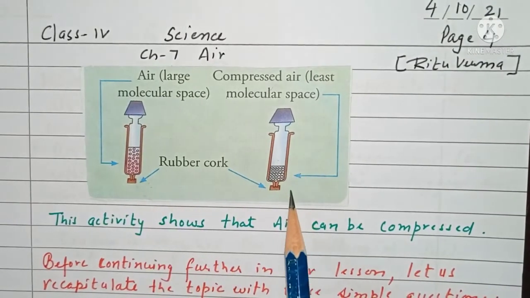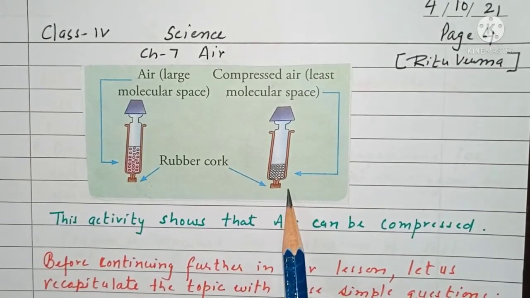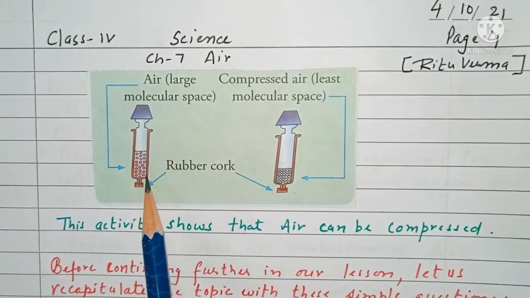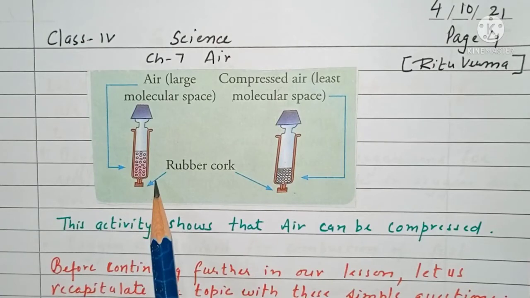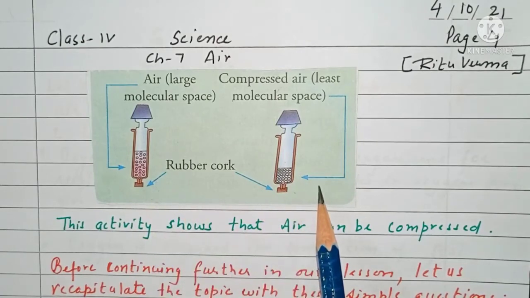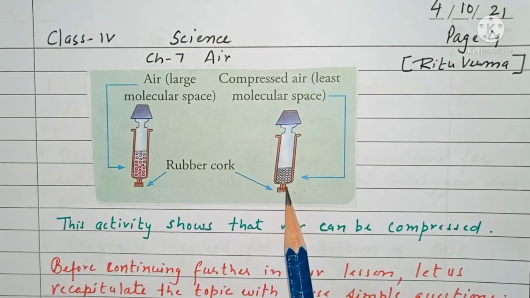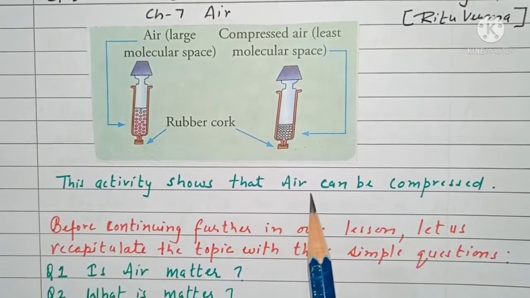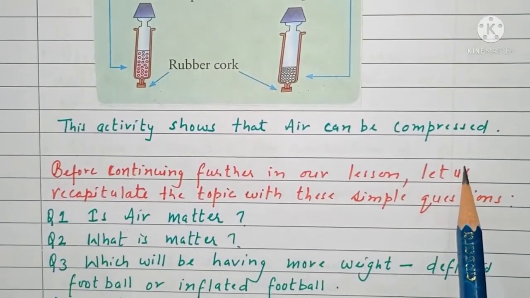The molecules are compressed in the second diagram. In the first one, the air is showing large intermolecular space. And in the second diagram, when the air is compressed, there is the least intermolecular space between the molecules. So this activity shows that air can be compressed.